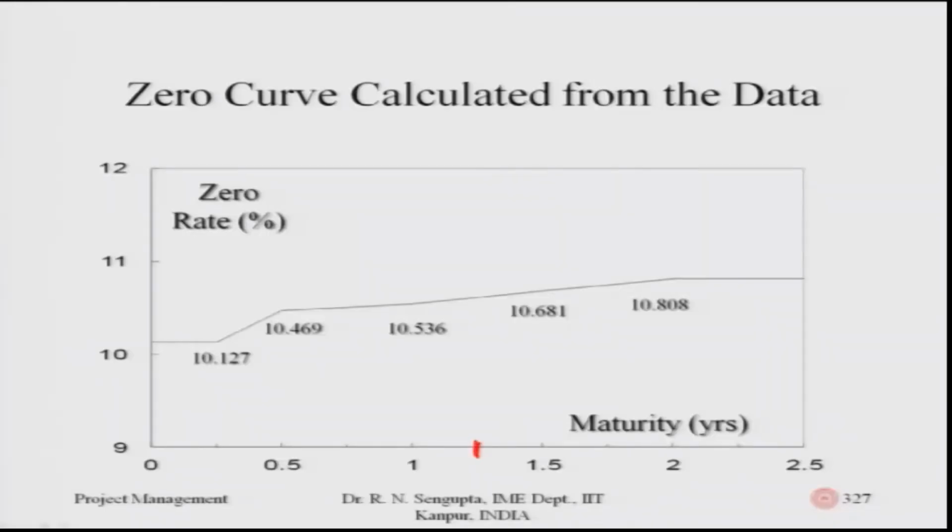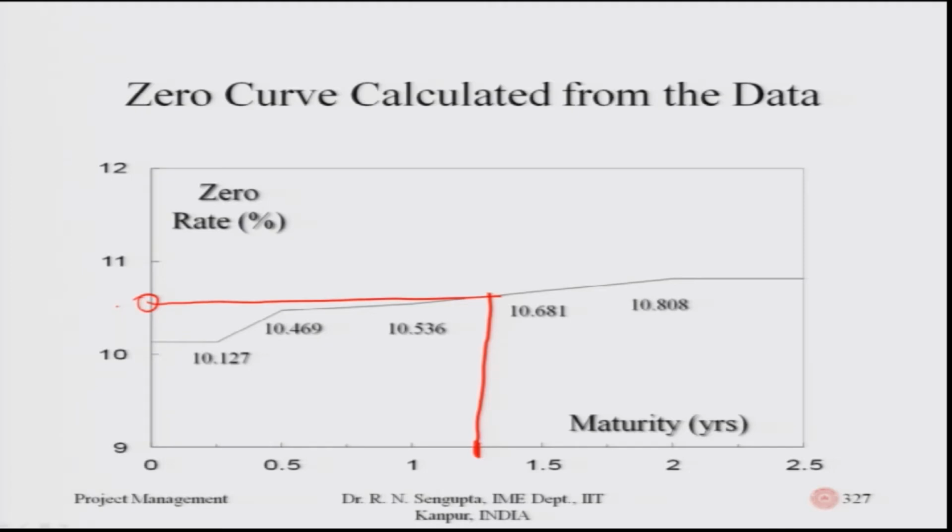If you go along the x axis, mark 1.25 years, go vertically up to where it cuts the zero curve, and go horizontally to the left, the value you find can be used as a theoretical value for calculations to find the project yield, project return, and so on.